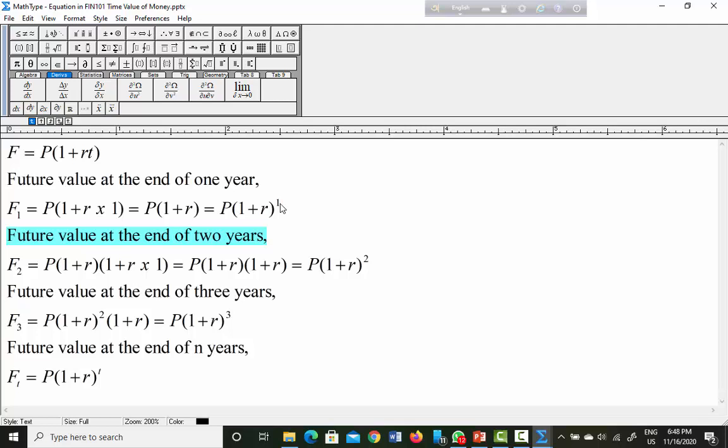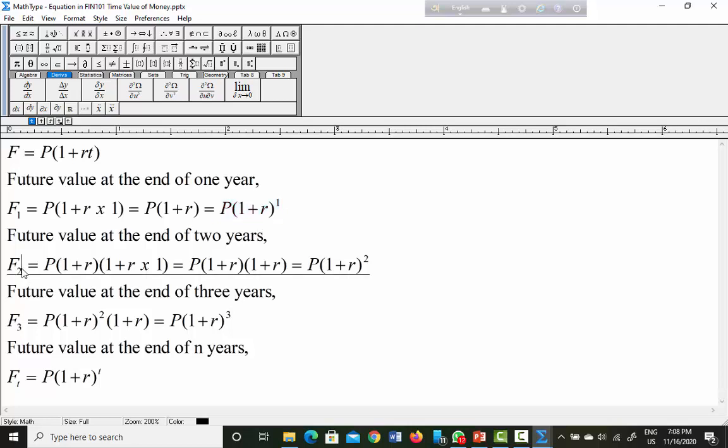So whatever you have received after 1 year, including interest and principal, will be considered as the investment amount for the second year. That means whatever you have received after 1 year, including interest, will be the amount of investment for the second year.